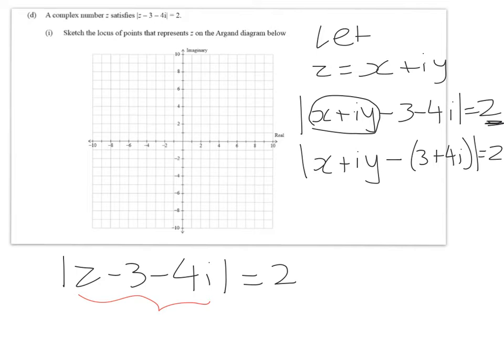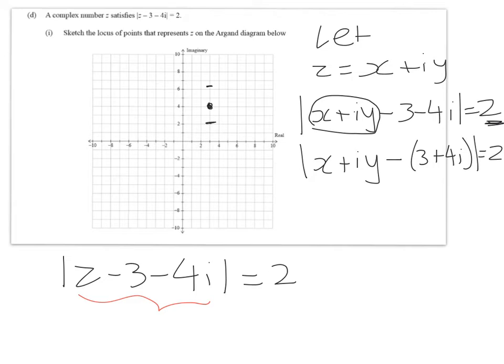Let's plot 3 plus 4i on the thing. 3 plus 4i is here. So we're looking for all of the points that are 2 units away from that. So obviously that is going to be a circle.